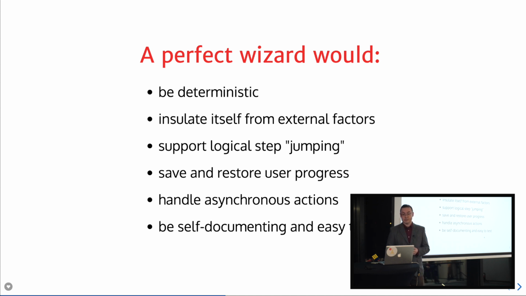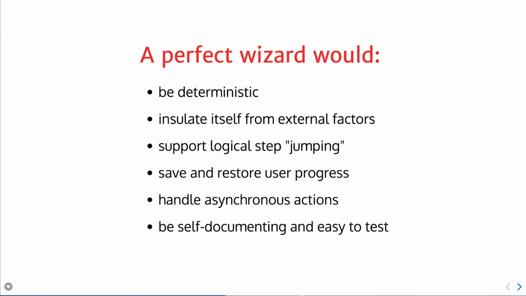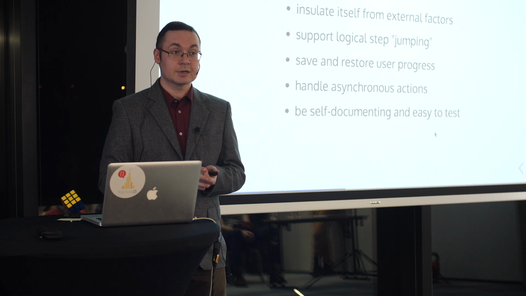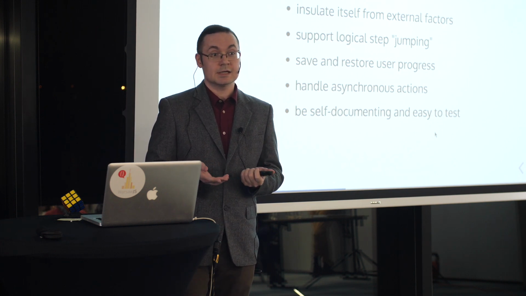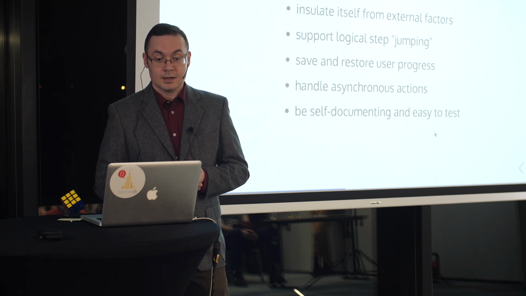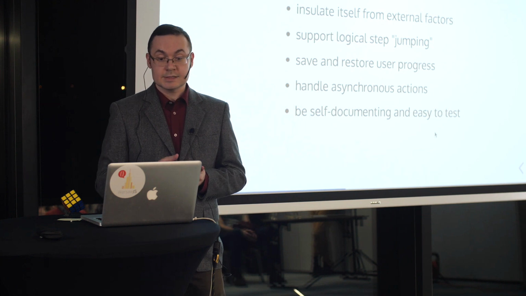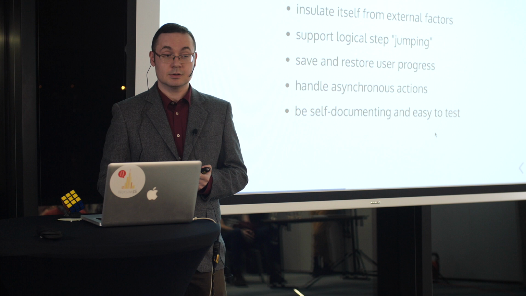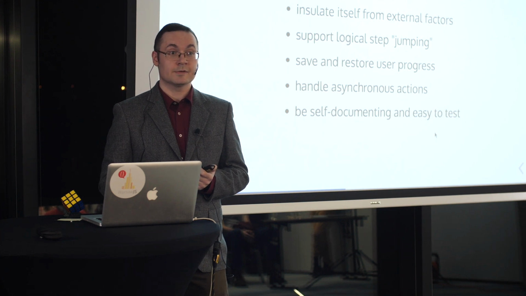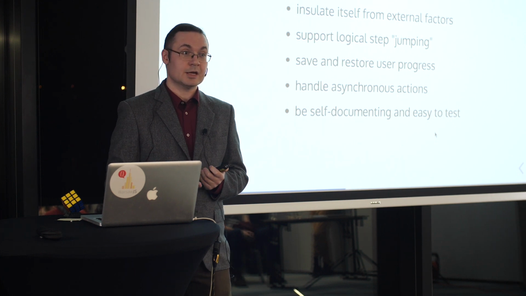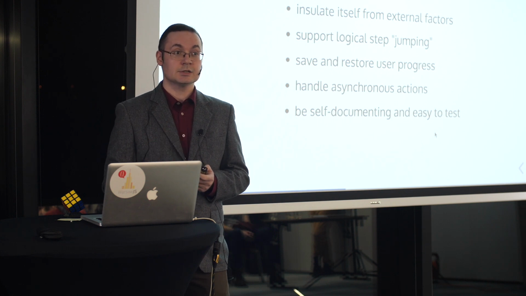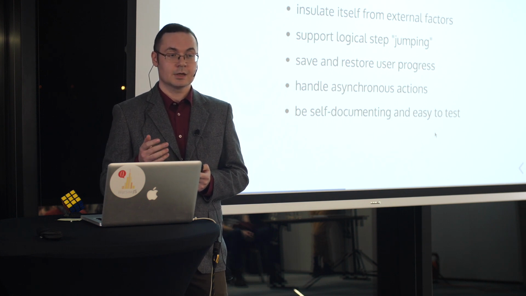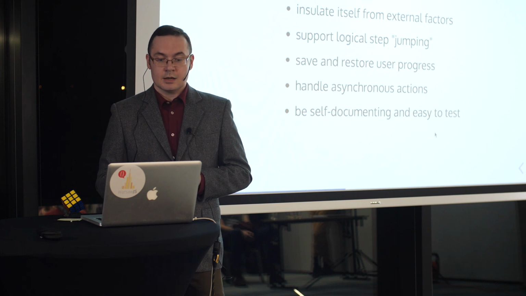For me, a perfect wizard would be deterministic. In essence, I would get the same state for the same actions with the same parameters. The wizard would insulate itself from external factors, so that only prescribed actions, just like Redux does, would affect it in a controlled way.